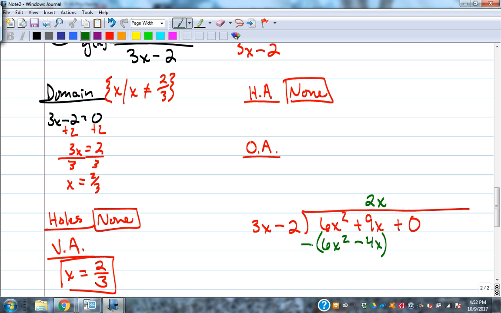I put it in parentheses every time, so I don't forget that I'm subtracting that whole thing from the polynomial above it. Then subtract. 6x squared minus 6x squared cancels out. That should happen every single time. If it doesn't, you're not doing it right at all. And then 9x minus -4x.